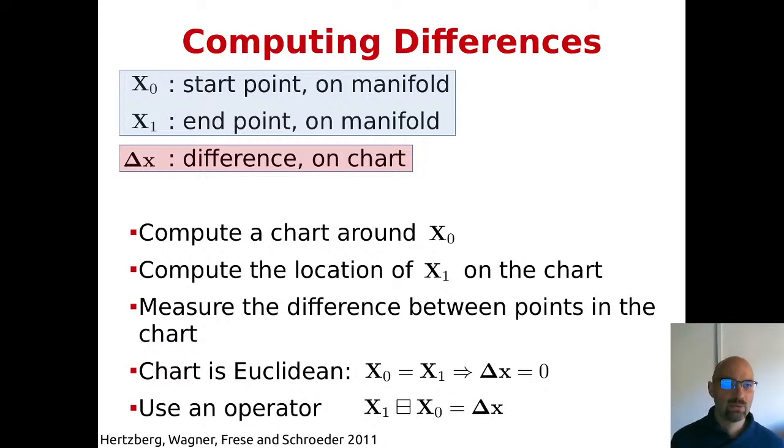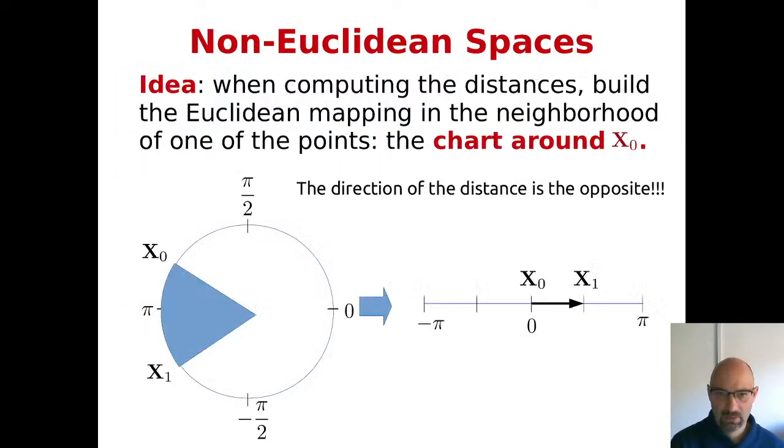Our task is to compute the differences, right? So on a generic manifold. For now, we assume that we have a machinery that, given a point on the manifold, like given this point over here, returns us a mapping such that the origin of the mapping 0 corresponds to x0, and then all other points are mapped accordingly.